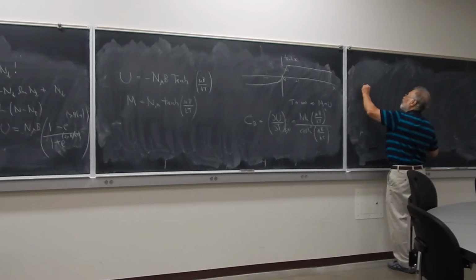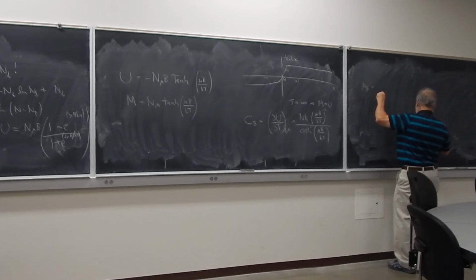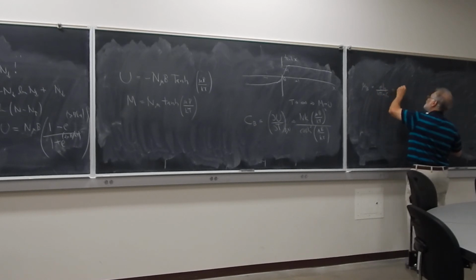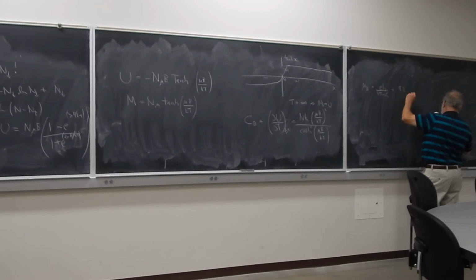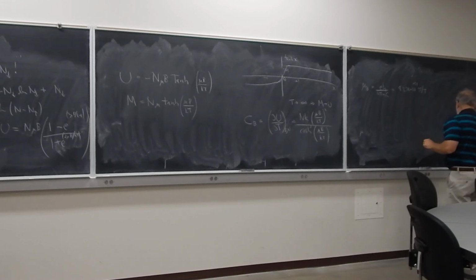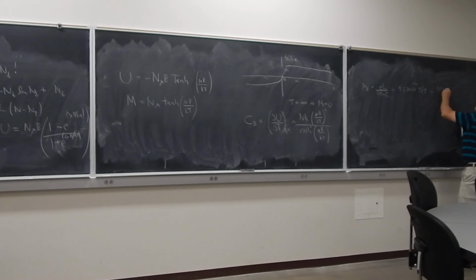We define a Bohr magneton for electrons, mu equal to eh divided by 4 pi mc, and that's equal to 9.274 times 10 to the minus 24 joules per Tesla, if you like SI units, or 5.788 times 10 to the minus 5 electron volts per Tesla, if you like smaller units.